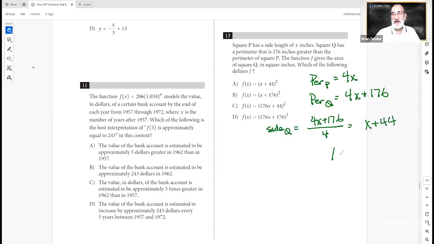So the area of Q must be that squared. So x plus 44 squared. So A is the correct answer.